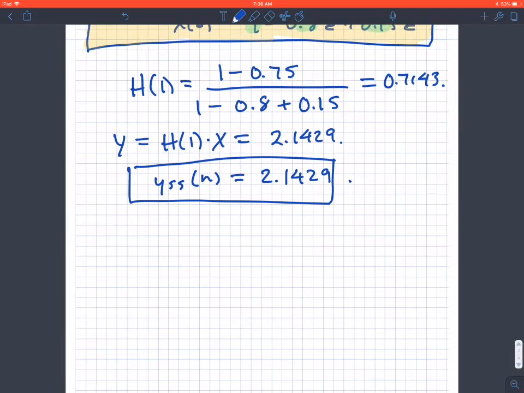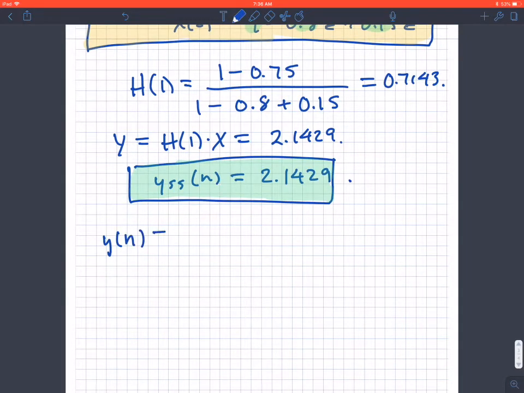All right. In part D, we are looking at the general form of the solution for the total solution for the case where x is equal to 3. So it's the same type of deal. We're still using a forcing function of x equals 3, but the question is, what does the total solution look like?